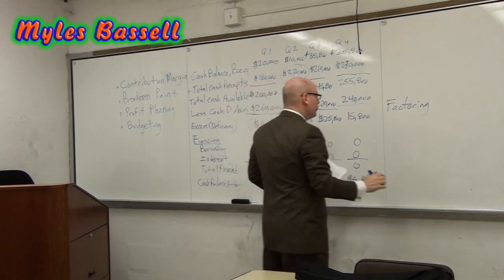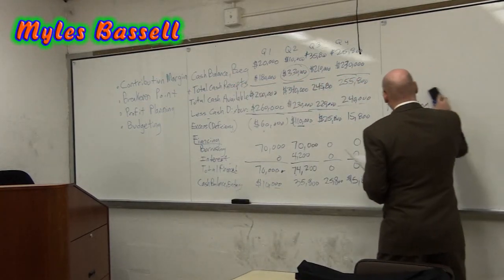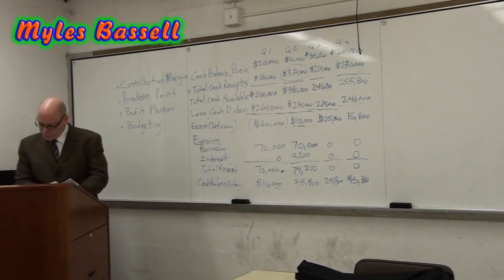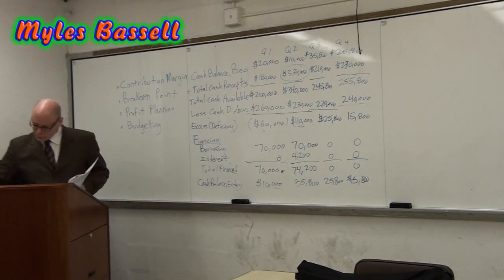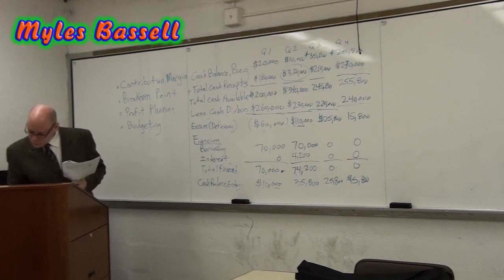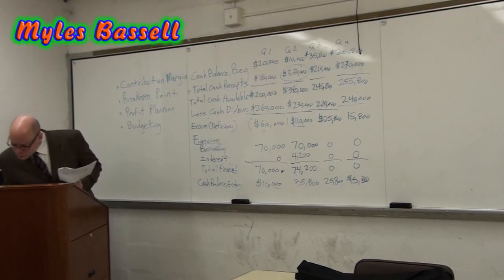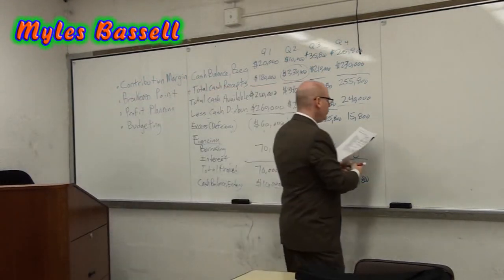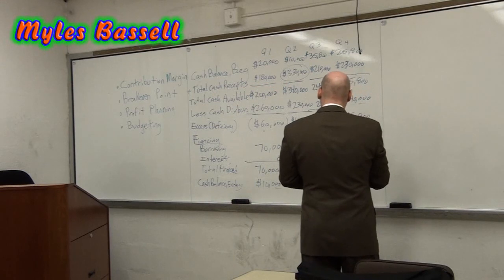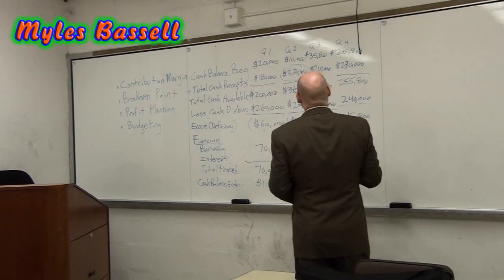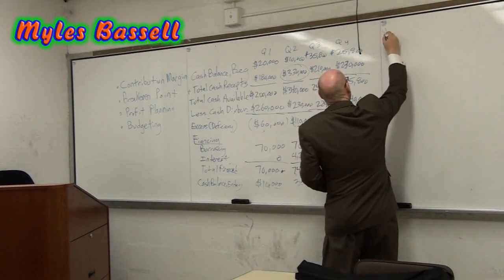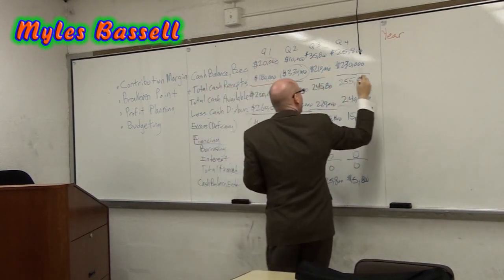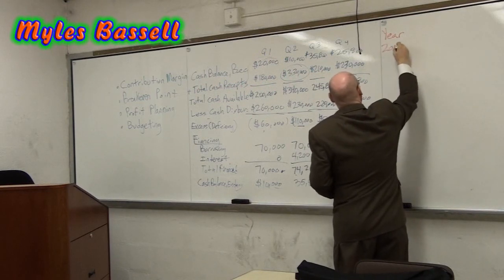What about for the year? Let's quickly look at the year. So our cash balance for the year, at the beginning of the period, that's not going to change. That's still $20,000.